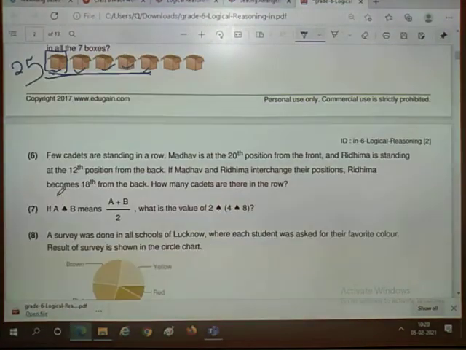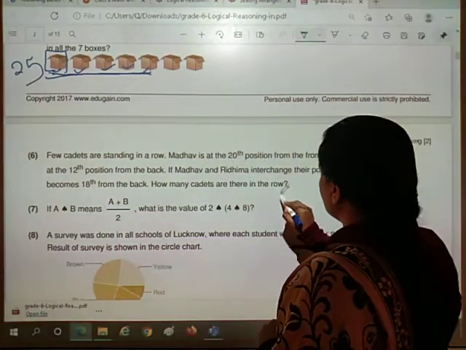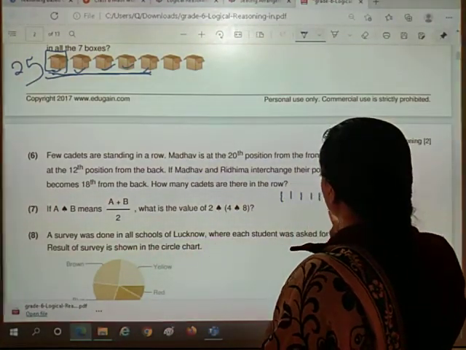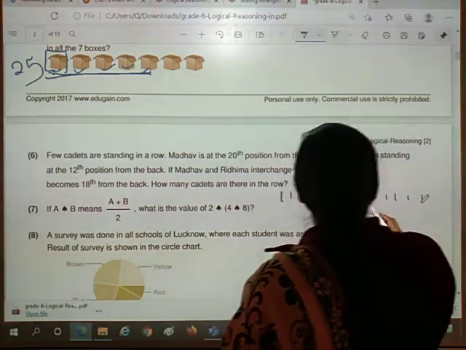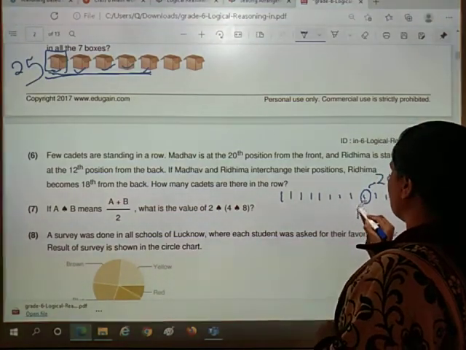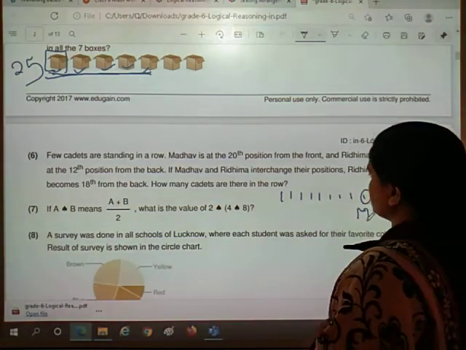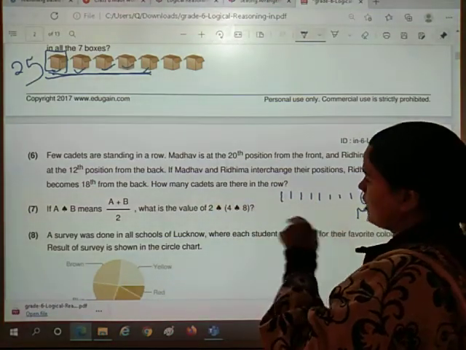Okay, next. Few carrots are standing in a row. Mother is at the 20th position from the front. Like if I am making this series, you see that where is mother? Mother is on the 20th position. And Ridhima is standing at the 12th position from the back.